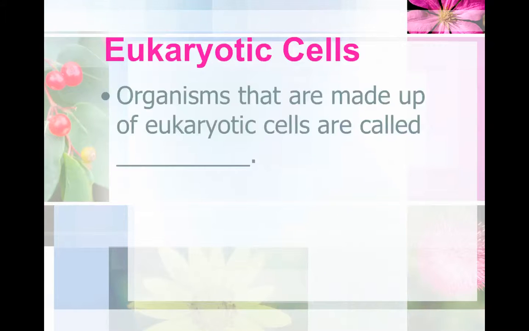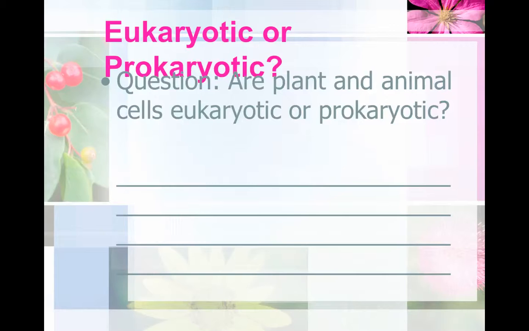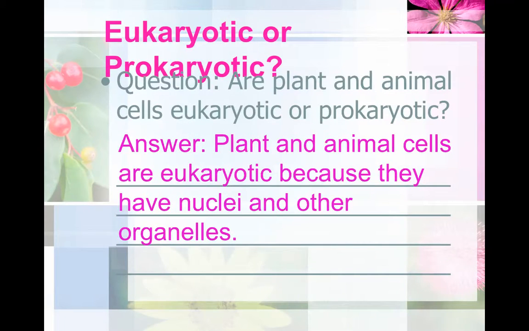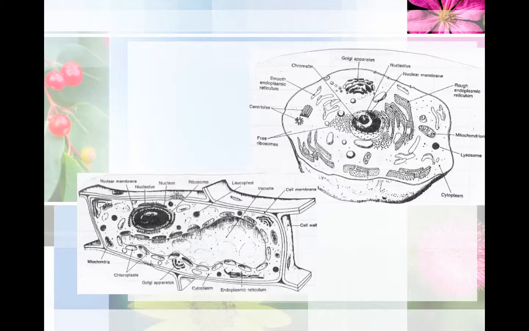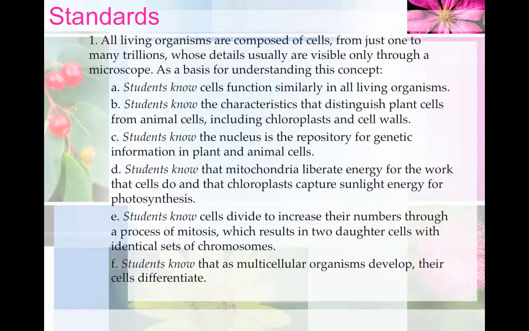So there you go. You've learned everything. I'm going to skip these 2 slides and show you the last pictures. Here's the plant and the animal cell again. And we've just covered all the standards that the state of California would like you to know: that cells function similarly in all living organisms, that the characteristics that distinguish plant cells from animal cells are chloroplasts and cell walls.